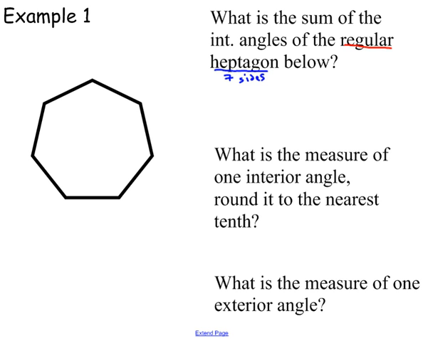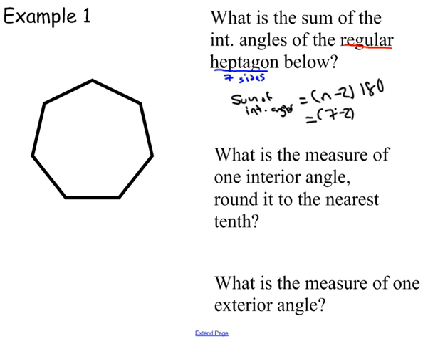So it says, what is the sum of the interior angles? Well, we know that the formula says the sum of the interior angles is equal to n minus 2 multiplied by 180. So let's use our formula. N stands for the number of sides, so there are 7 sides.